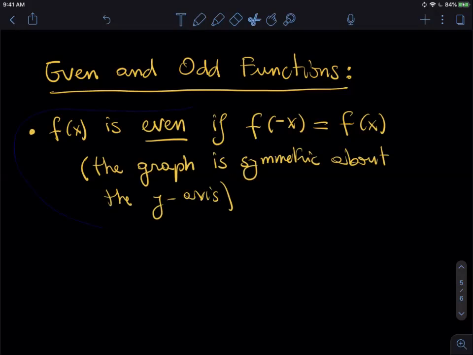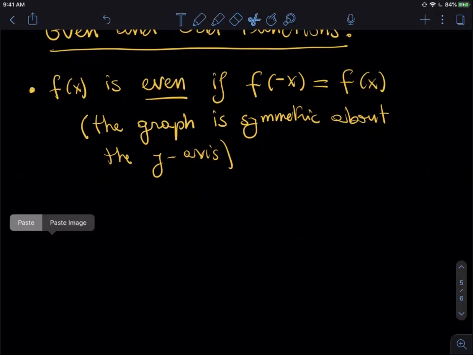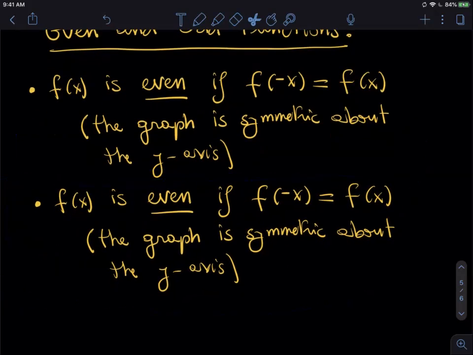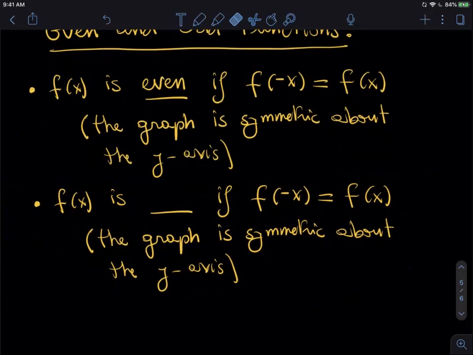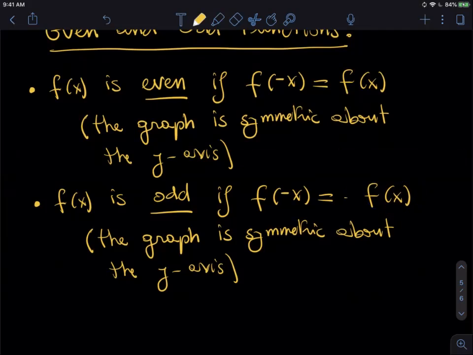And then the definition of an odd function. It's very similar. We just need to be careful because there is one extra negative sign. So f of negative x equals minus f of x.